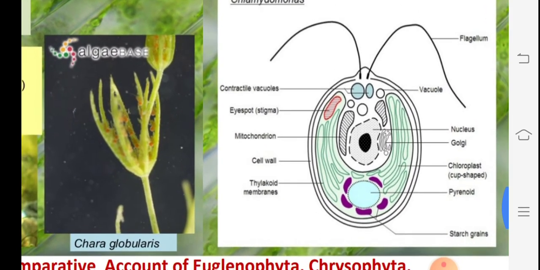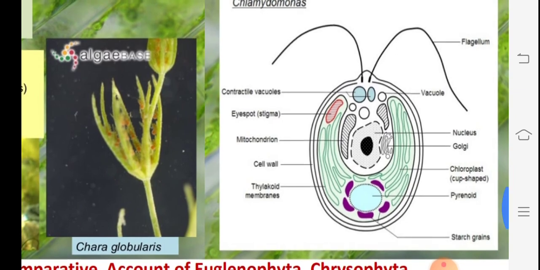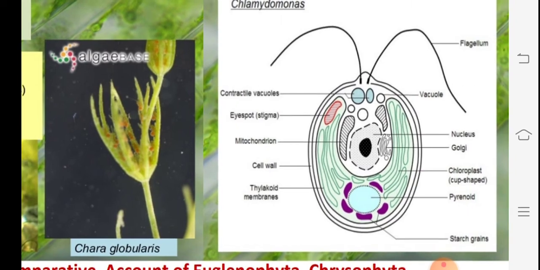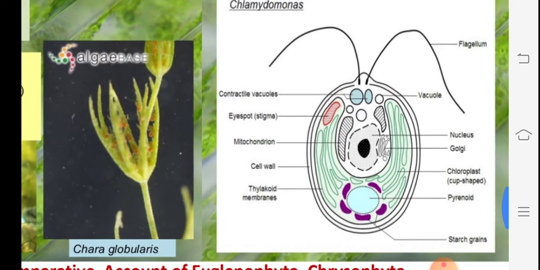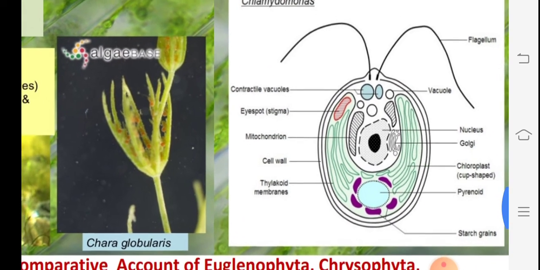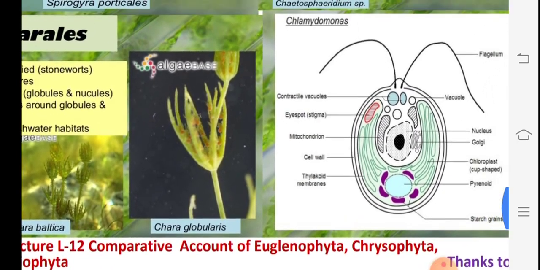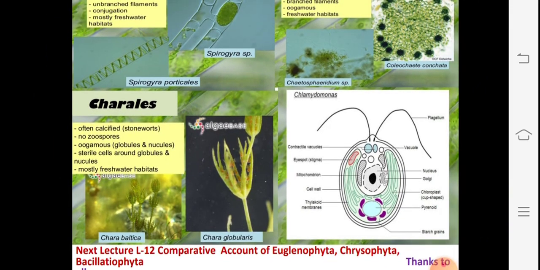It has contractile vacuoles, an eye spot, two flagella, one single nucleus, then a cup-shaped chloroplast, and the pyrenoid is present, then thylakoid membranes are there. So this is all about our Chlorophyta. Here we are completing Chlorophyta.